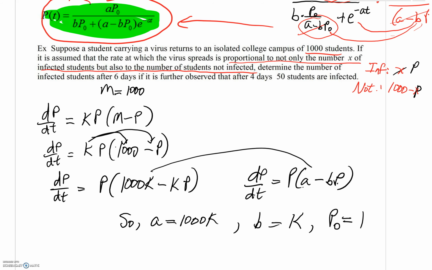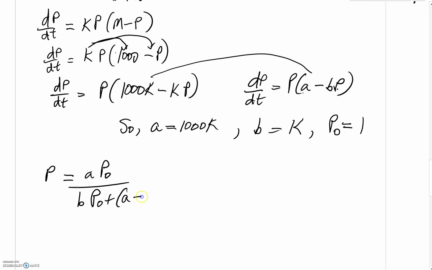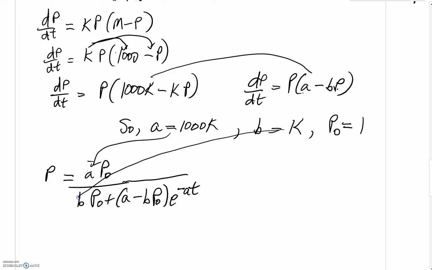So let's just recopy that and say, look, we've got P is equal to A, P naught, down here is B, P naught plus (A minus B, P naught) e to the negative AT. And here's where we can say, hey, now I know what my A is, and I know what my B is, and I actually know what P naught is.